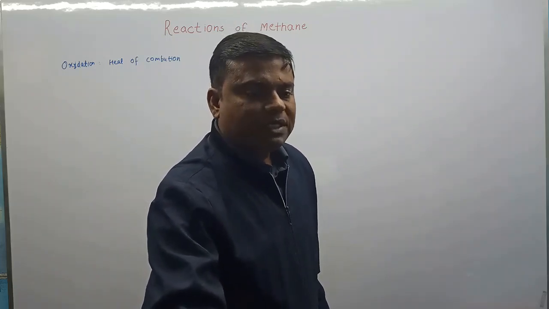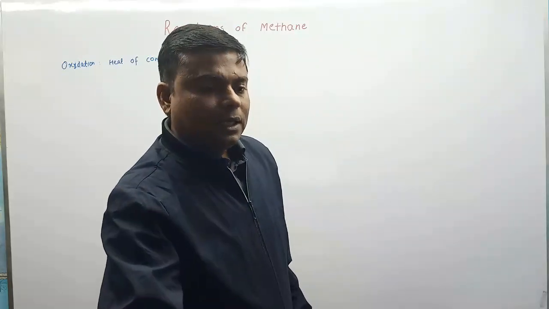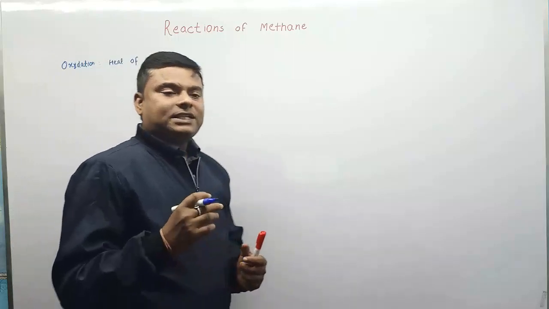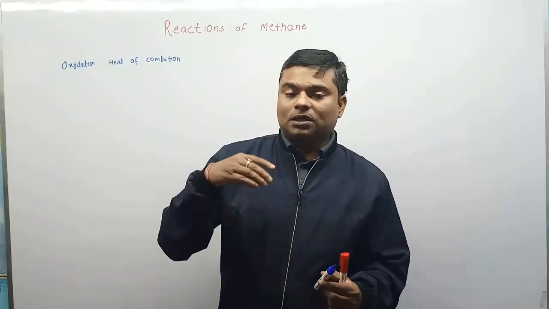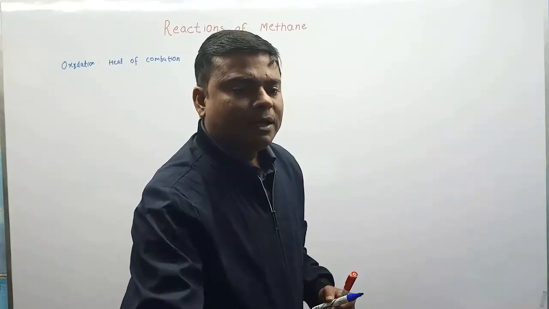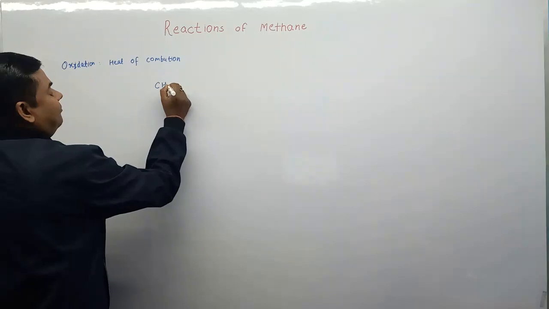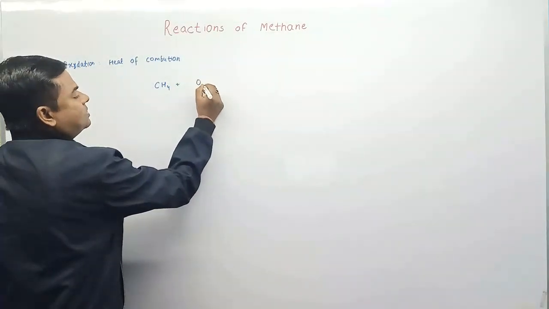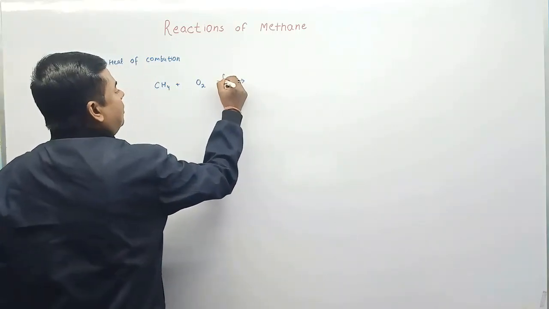Combustion of methane is the principal reaction taking place during the burning of natural gas. When we burn natural gas, combustion takes place, and methane goes through oxidation. The chemical reaction for the oxidation of methane is CH4, when treated with oxygen, O2, in the presence of flame or heat.